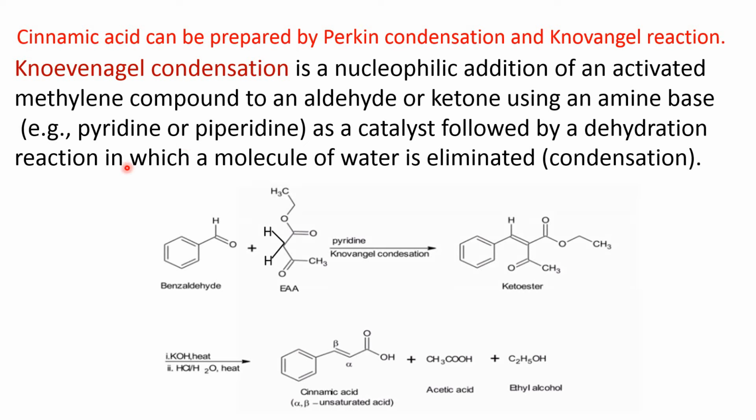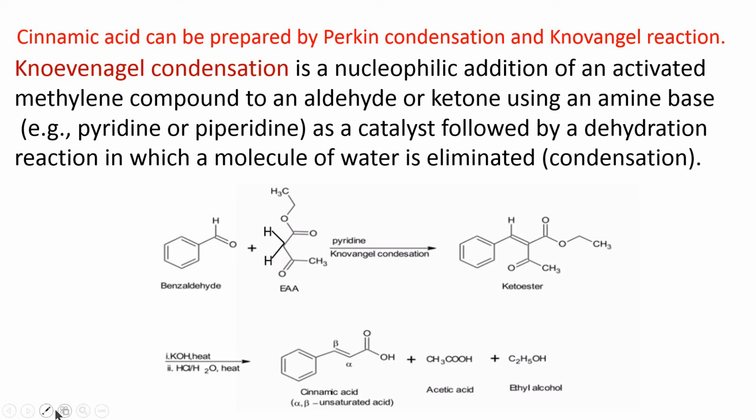Now let's see. So this is benzaldehyde and this is ethyl acetoacetate, CH3COCH2COOC2H5. It contains the active methylene group, this part CH2, because this CH2 group is attached on both sides with an electron withdrawing group.